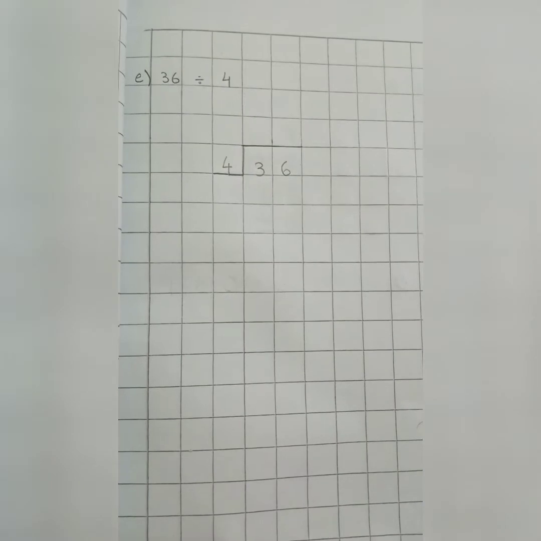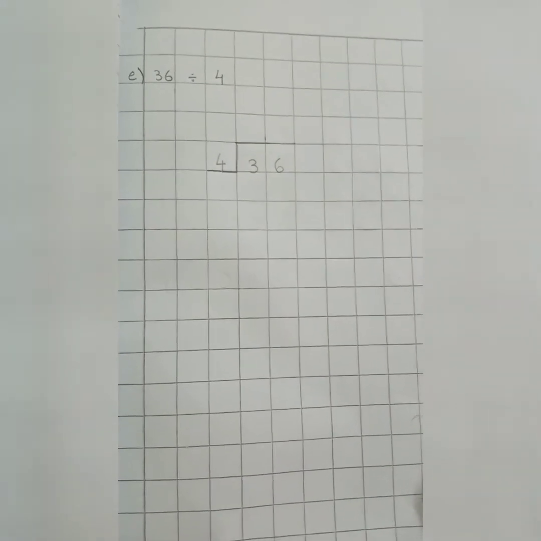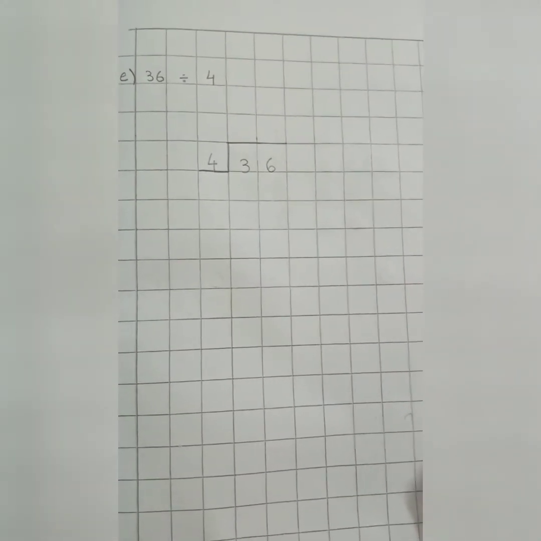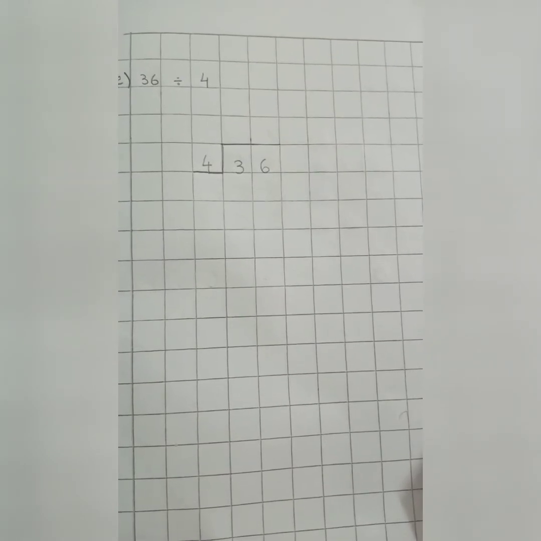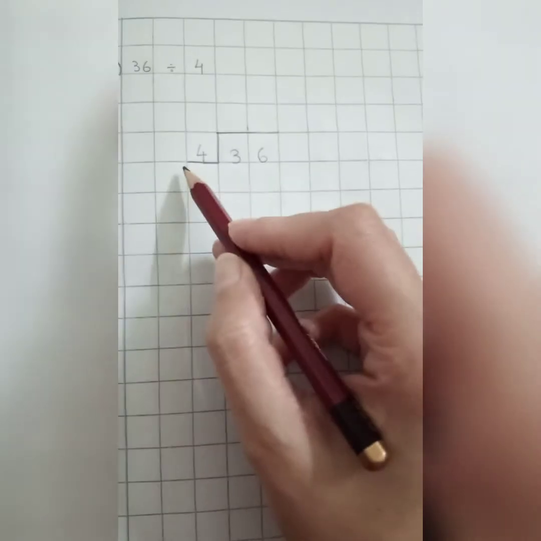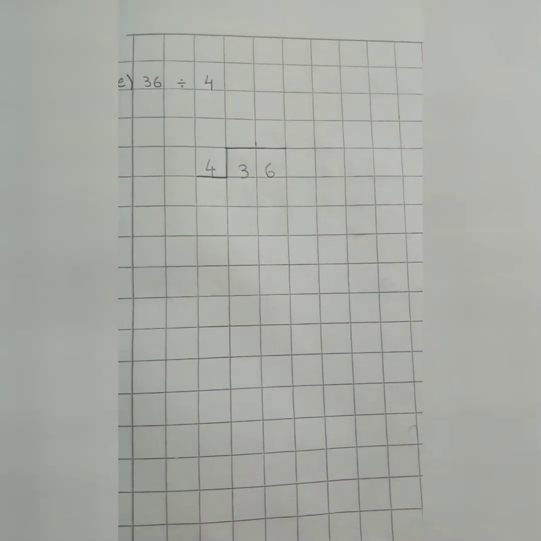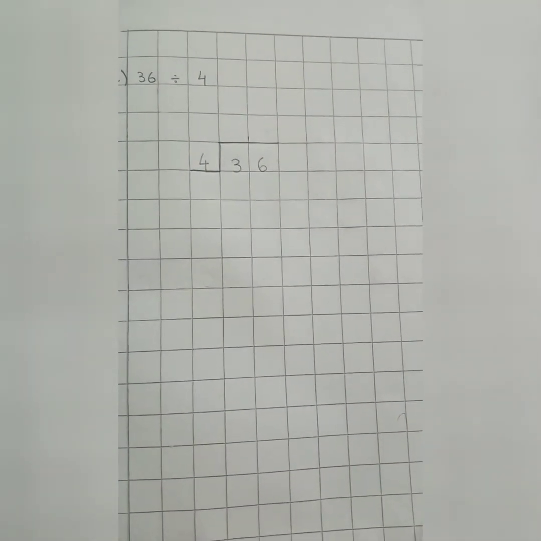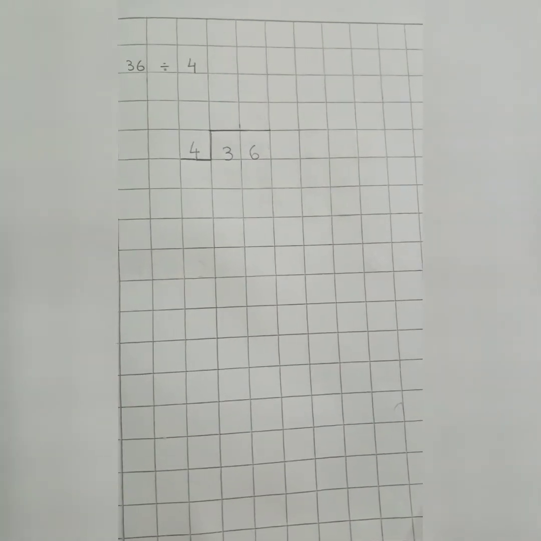Now we are going to again solve this sum with the help of long division method, and we all must know by this time that we are going to use this sign of division for dividing the sum with the help of long division method.